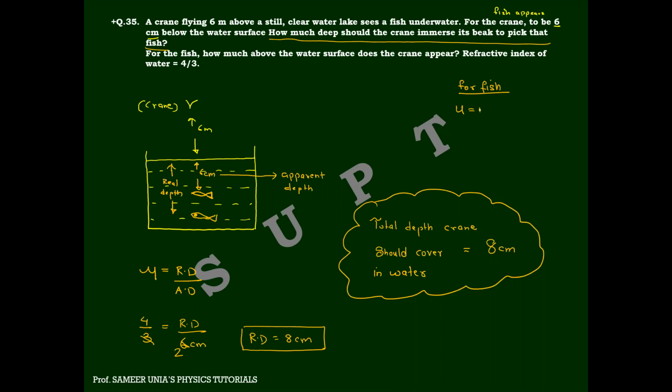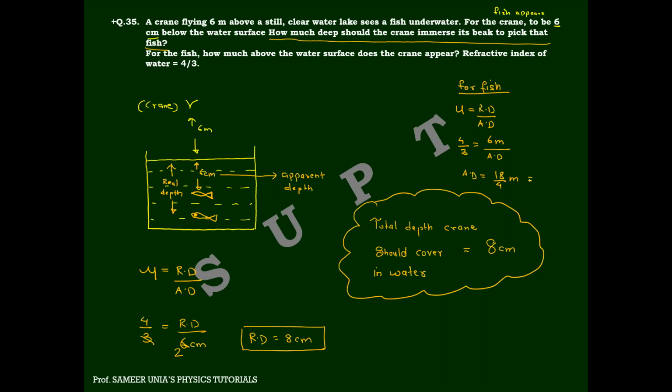If I apply mu as real depth upon apparent depth, mu is 4/3, real depth is 6 meter, so apparent depth will be 18/4 meter. Are you all getting it?